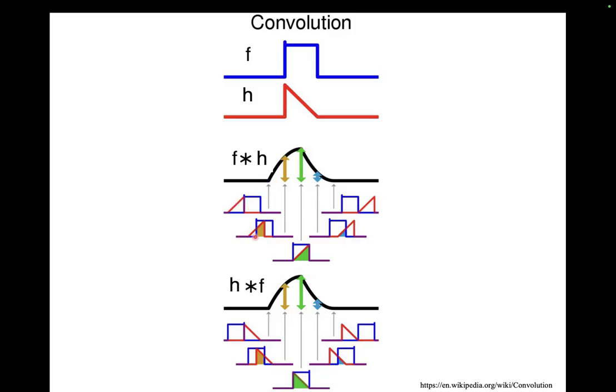And then I shift again and I multiply F and H together again, and I get a certain non-zero value here, and that is the value of the convolution at that offset.